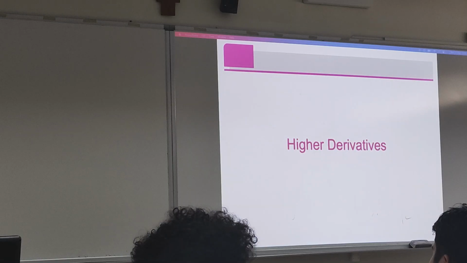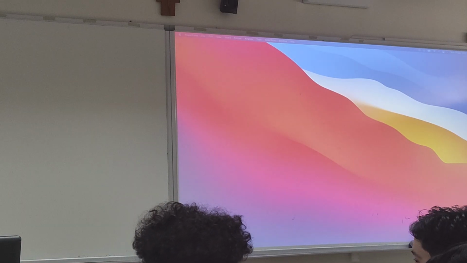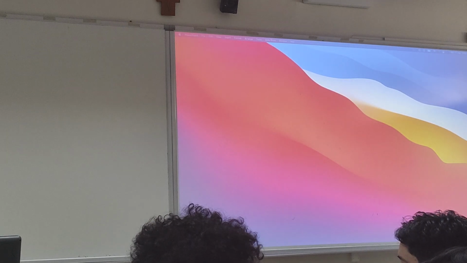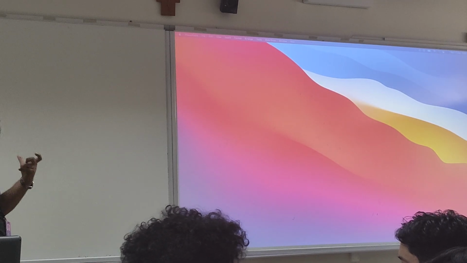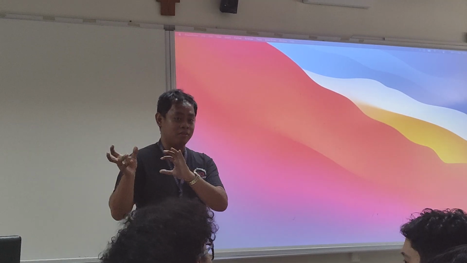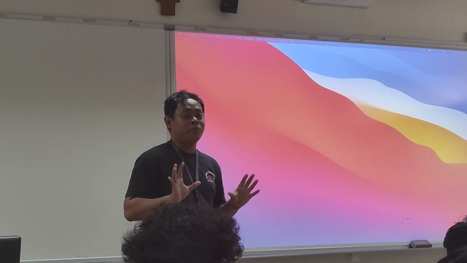So this is the higher derivatives now. Let's find out what will be the corresponding properties for derivatives. Using the definition of derivatives in relation to limits, there is a shortcut for that one.